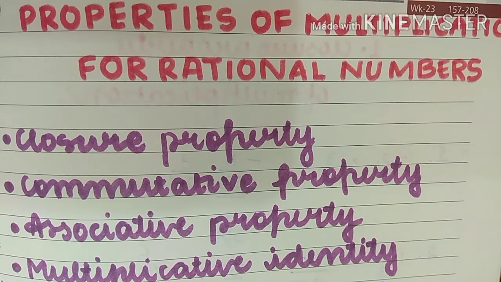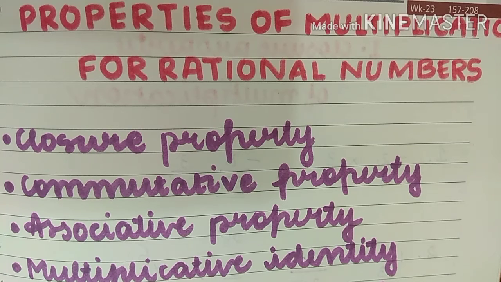So let's summarize all what we have learned today. We were learning the properties of multiplication for rational numbers. We learned first the closure property, right? Closure property means if we multiply any two rational numbers, then the result will also be a rational number. That is what is called the closure property. Then we learned the commutative property.